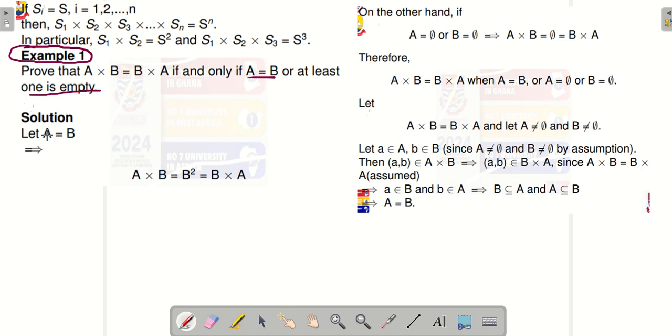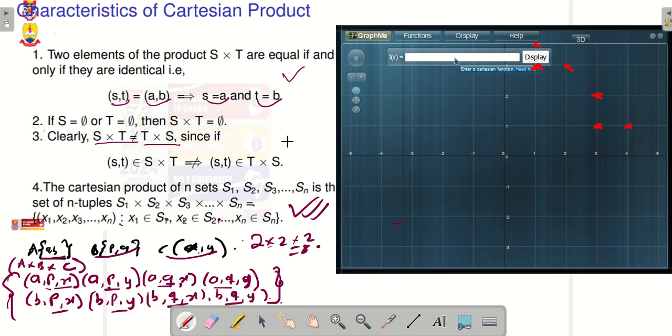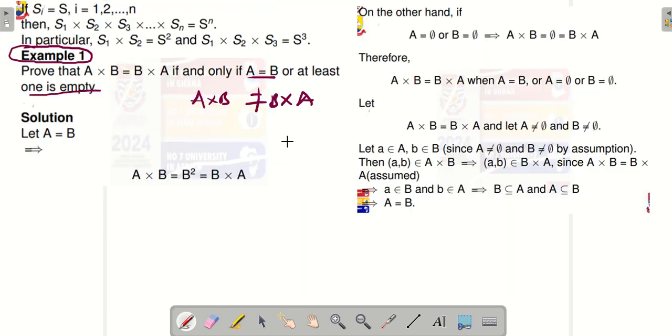Now we are making an assumption that A is equal to B, or at least 1 is an empty set. Remember that we have already proven that in Cartesian product, A cross B is not equal to B cross A. We have already proved that here.